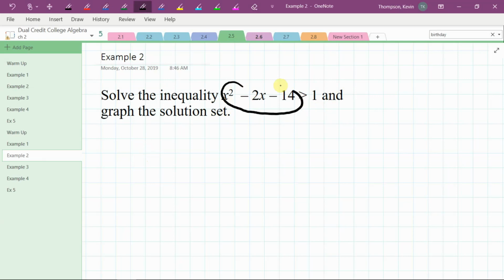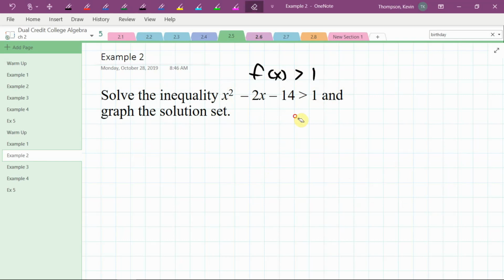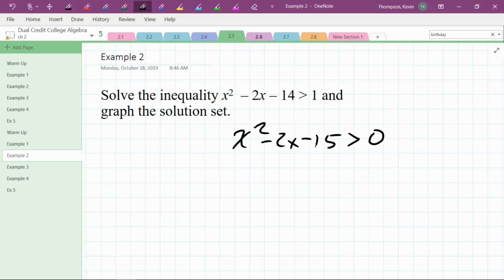Otherwise, what we'd be saying is where f of x is greater than 1. And so when I think about whatever parabola I end up drawing, I'm going to have to now compare it to some line y equals 1. It just tends to be easier not to do that. So that inequality should be the same as that inequality.